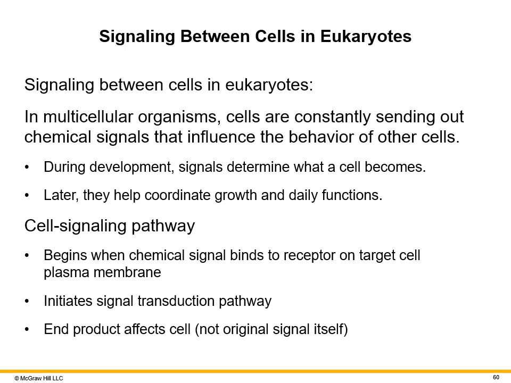Signaling between cells in eukaryotes involves constant sending of chemical signals that influence the behavior of other cells. During development, signals determine what a cell becomes. Later, they help coordinate growth and daily functions. So the development of a cell into a certain type of cell is called cell differentiation.